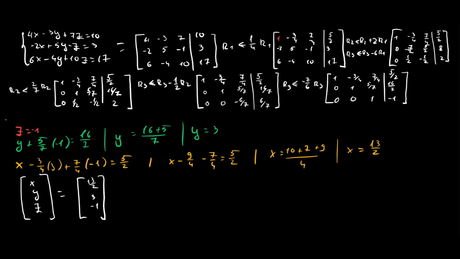So again, this is the first option, right? You can just solve it for x, y, z, and now I'm gonna show you the second way you can solve the matrix.